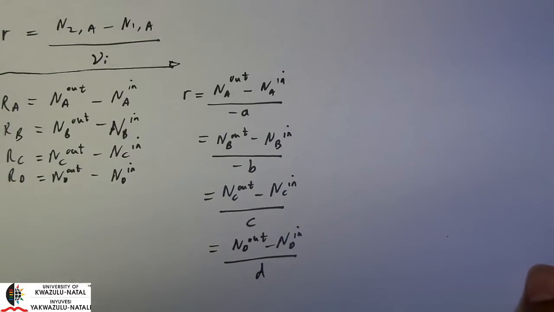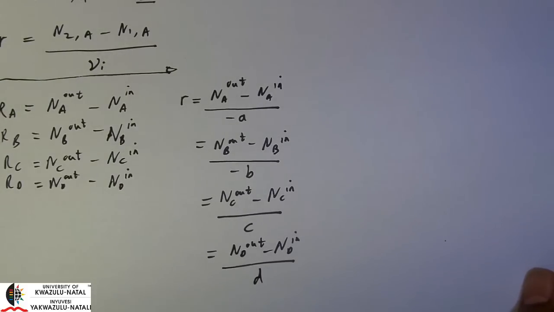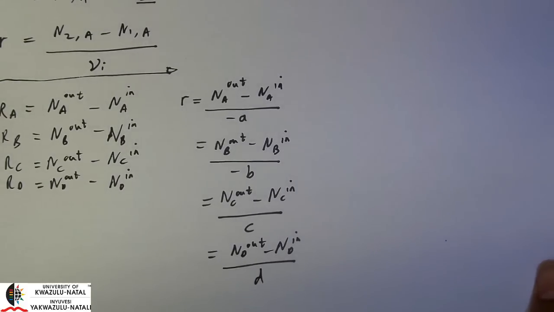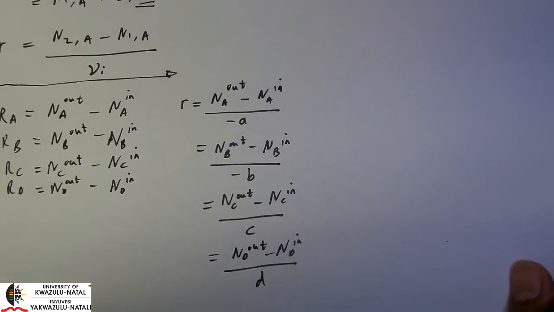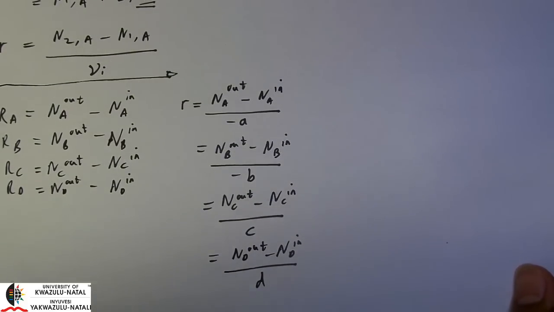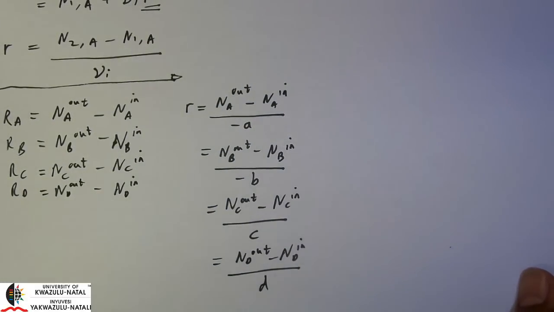Now, it may seem that I am just playing around with equations, but it's very important that you yourself become very well acquainted with these equations and play around with them as well, because there are many different ways in which information can be given in the different processes and problems that we can be confronted with.